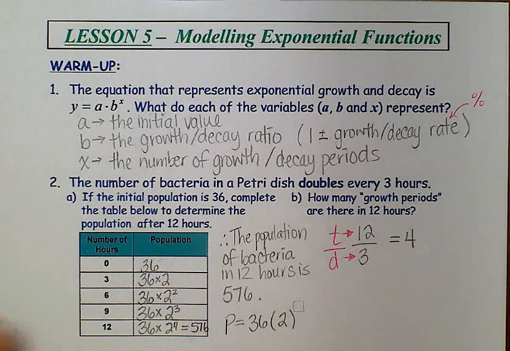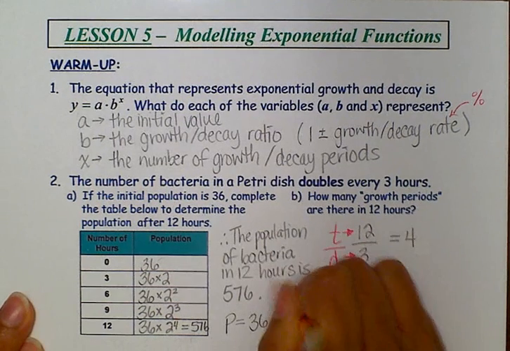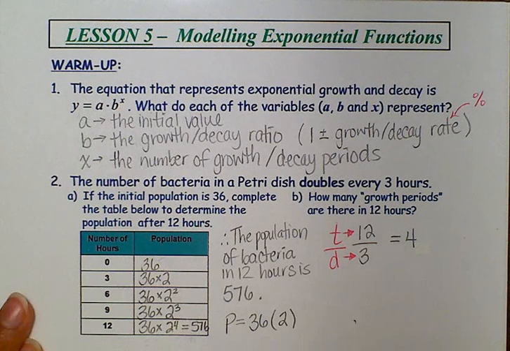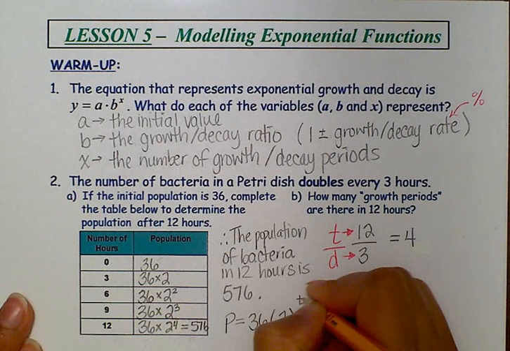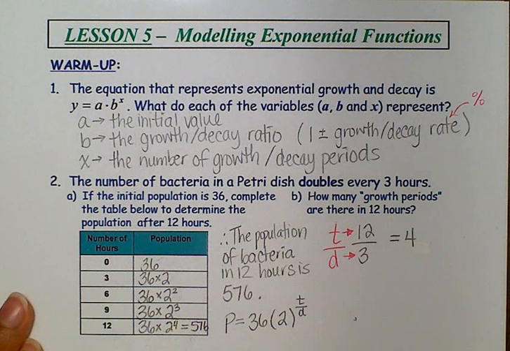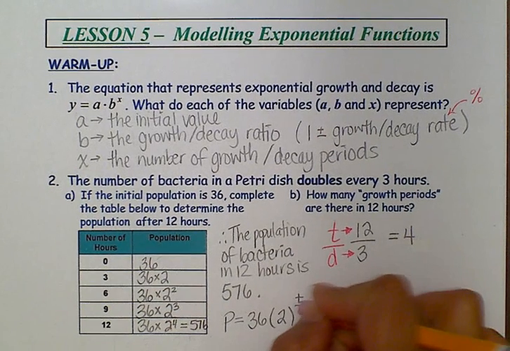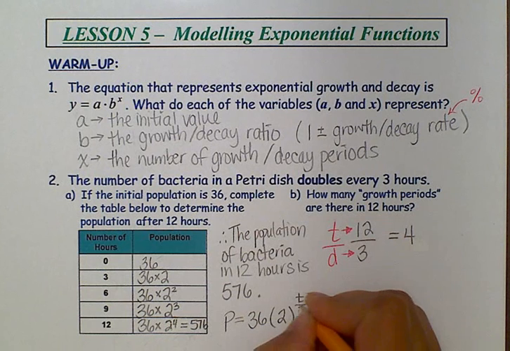So if I rewrite my exponent part here, and instead of just writing x, or T in this case, I can write T over D, and this would be my equation for the population growth of the bacteria. And I can re-simplify this, and change the denominator to a base of 3.